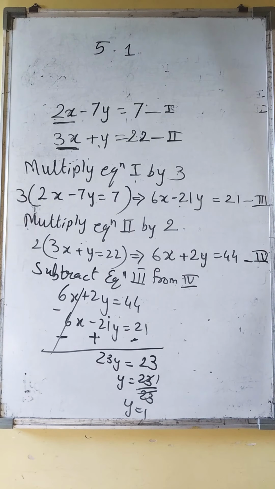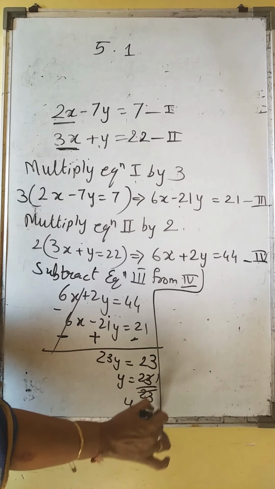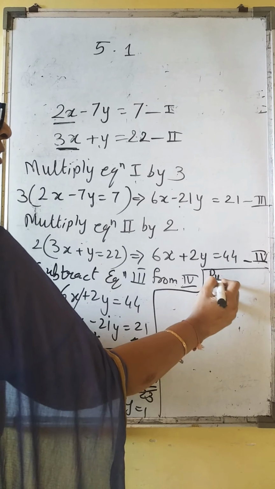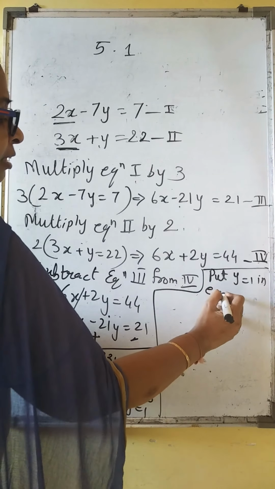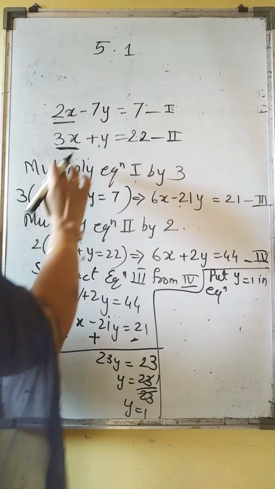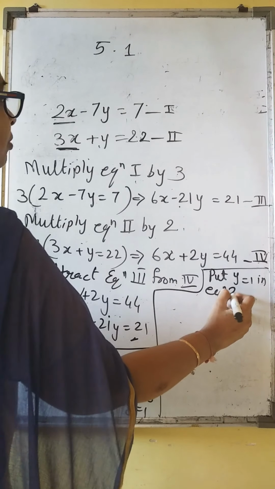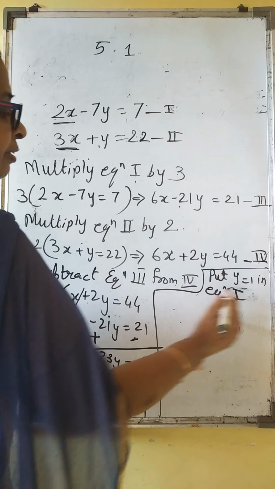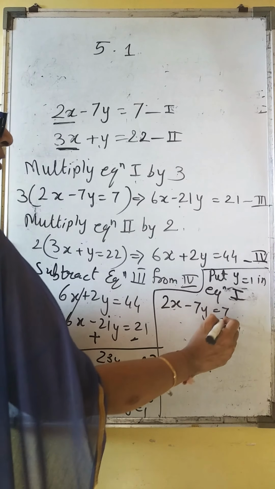So once you will get y equal to 1, you are going to substitute, right? So you can write down, put y equal to 1 in equation, which any equation you can take, no problem. So let me take the first equation, equation number 1, and then you write down equation 2x minus 7y is equal to 7.